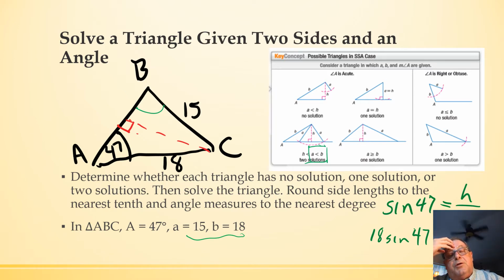Then I can use sine of 47 equals the height over side b, which converts to 18 times the sine of 47 equals the height, and the height is 13.2. Because that's less than 15, side a, we are going to have two possible solutions. So let's go through the first possible solution and then the second.